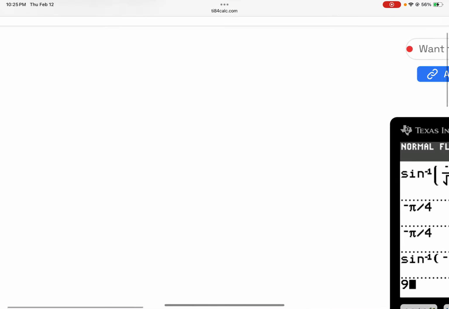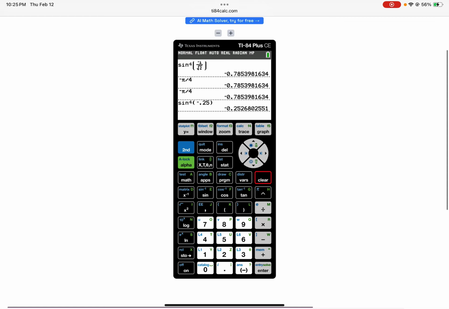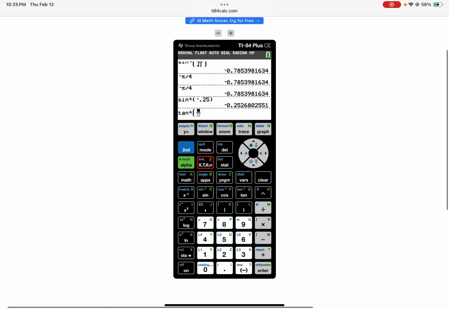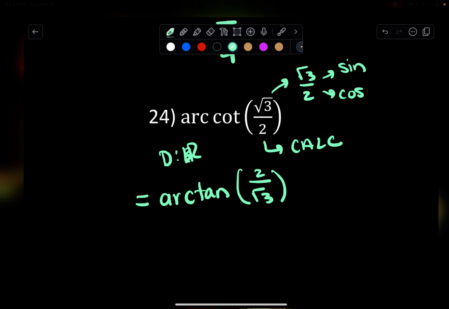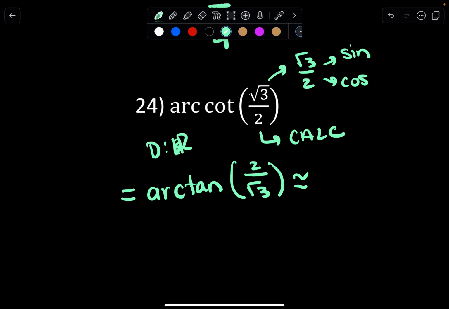All right, going to the calculator, I have second tangent, and then we have 2 divided by the square root of 3. And we get the decimal 0.857. Now, if you're thinking, okay, but aren't you supposed to add pi?